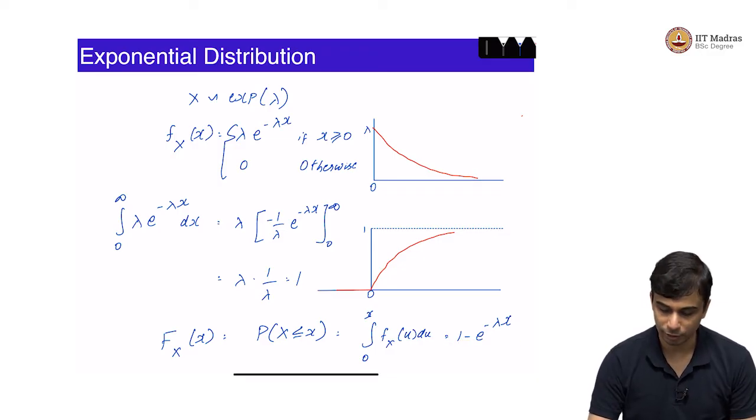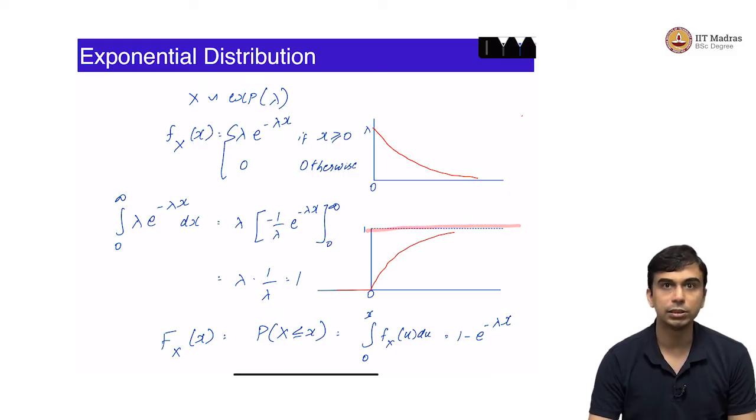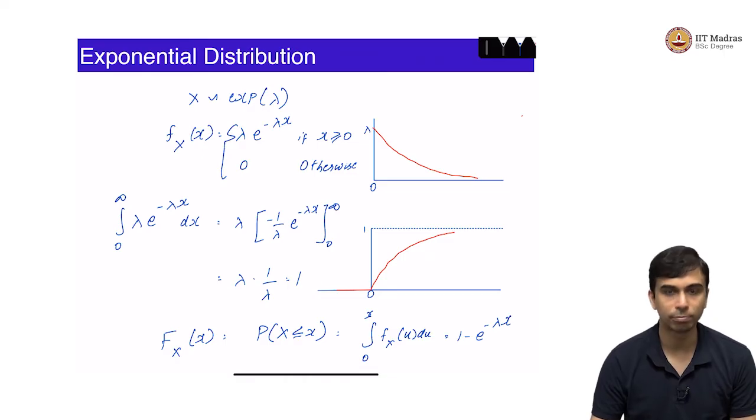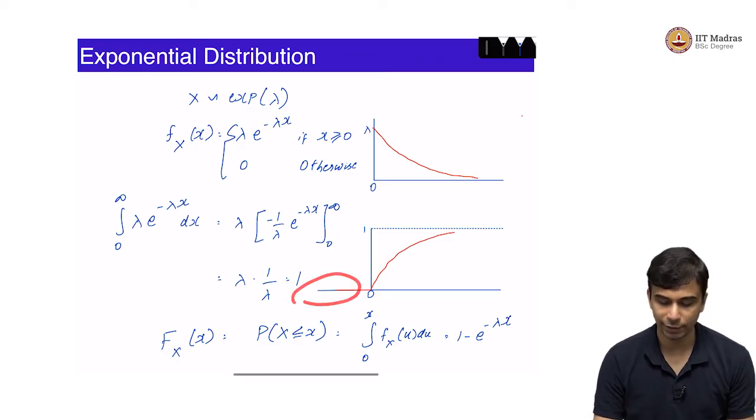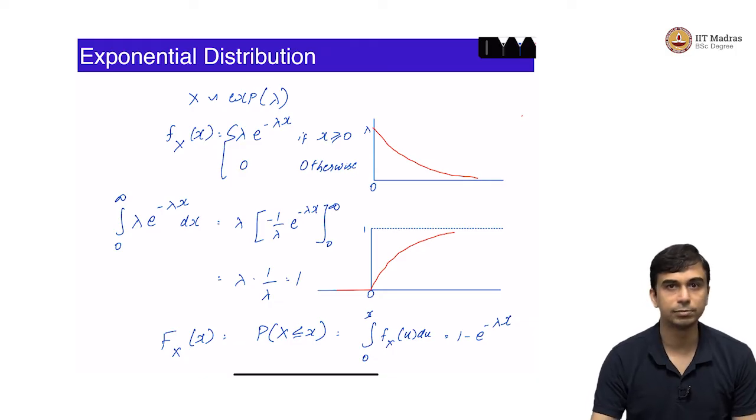For x equal to 0 you start at 0, and as x increases this slowly increases and it never really hits 1, but it asymptotes to 1. This 1 is an asymptote; it touches the CDF at infinity. Once again you can see that the left end of this curve is 0 and the right end of this curve is 1. At the left end F_X of minus infinity is 0 and F_X of plus infinity is equal to 1.